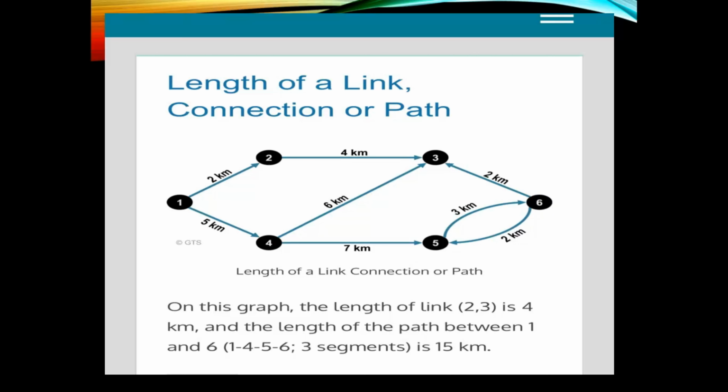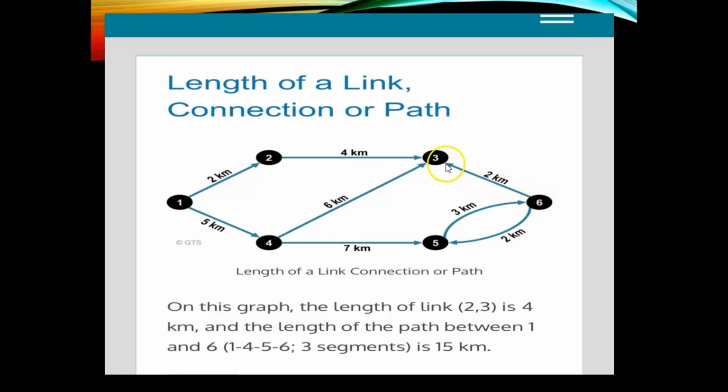But that is not the only path that leads from point 1 to point 6. Let's check if there is any other path that can lead us there. If we decide to move from point 1 to point 4, then point 4 to point 3, there is no path from point 3 to point 6.